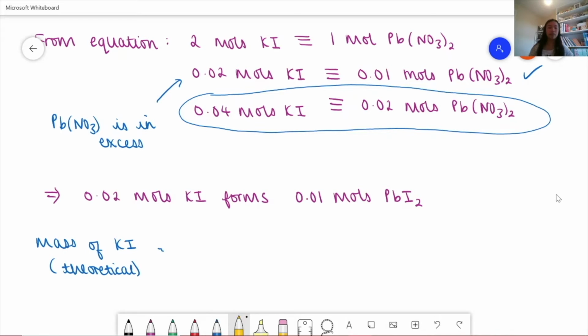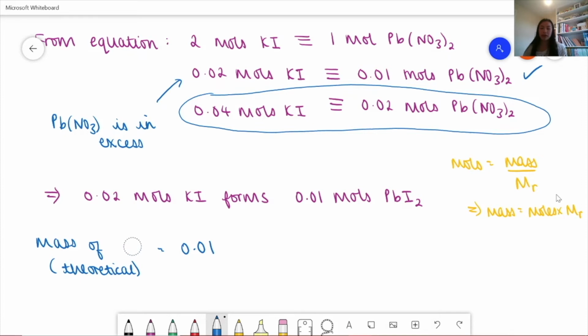So we have that the moles is equal to mass over MR. So if we rearranged it to get mass as the subject, we would have mass is equal to moles multiplied by the MR. And so this is what we're using. And so we have that the moles is 0.01. So it's the theoretical mass of lead iodide that we could obtain from this experiment.